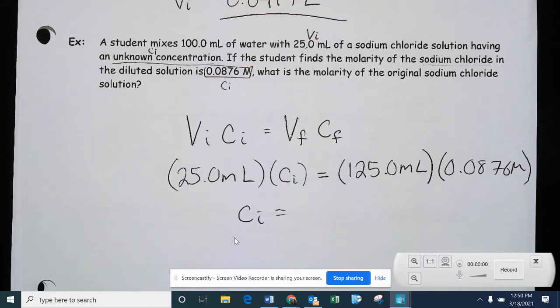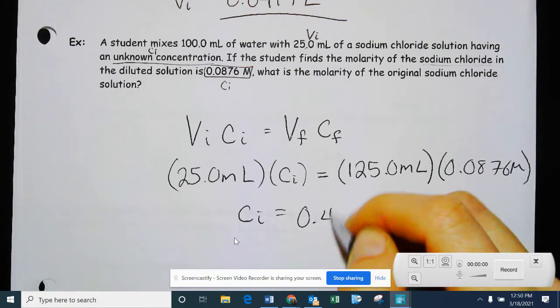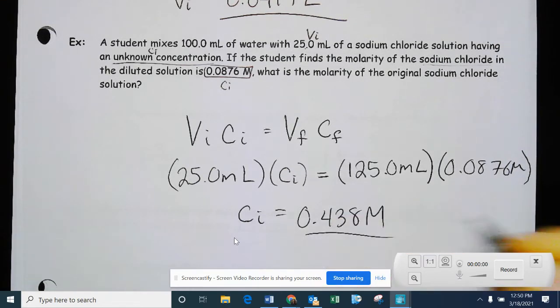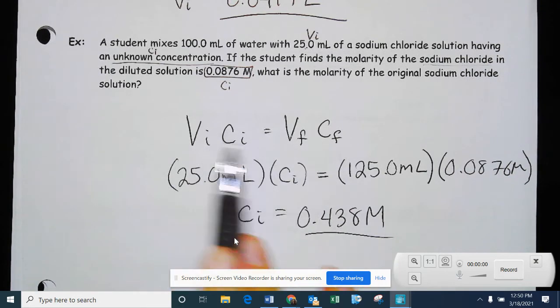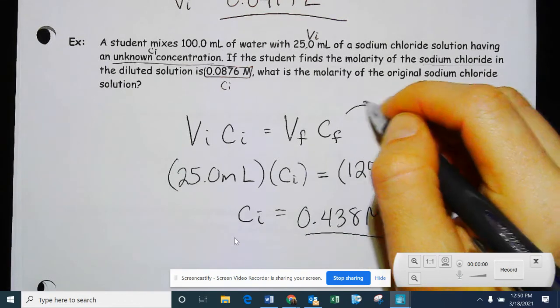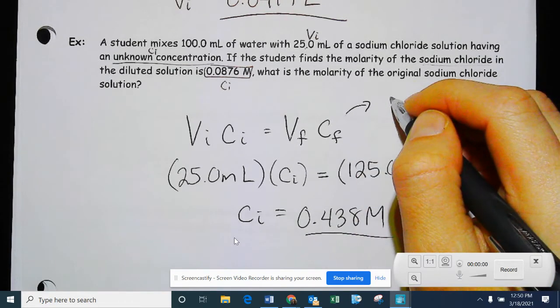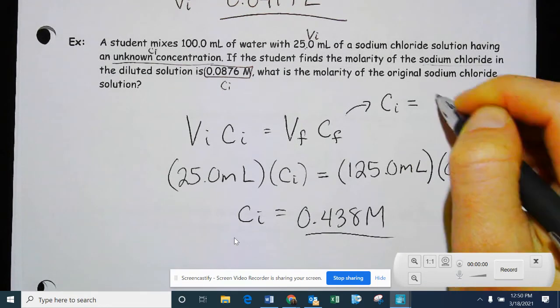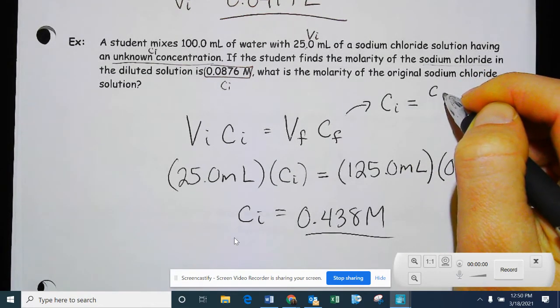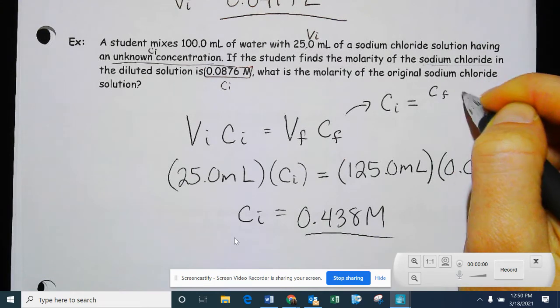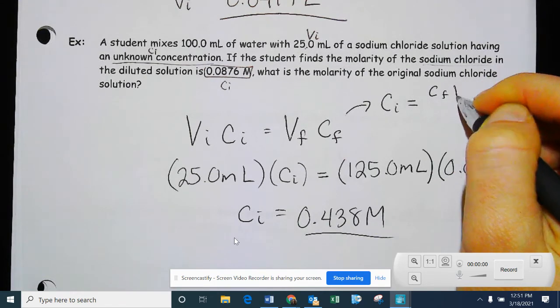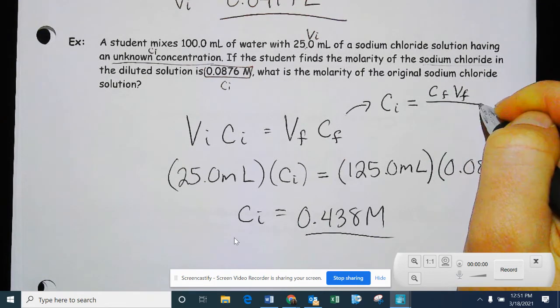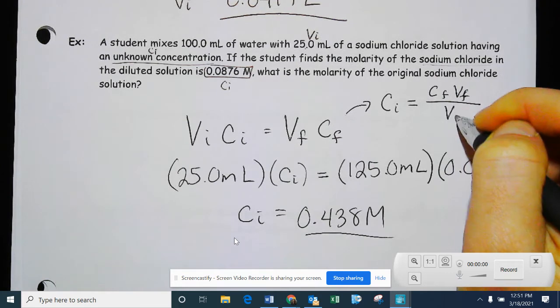Did we get 0.438? Good. Okay, if you are somebody who likes to rearrange equations instead of just plugging numbers in and solving for values, you could rearrange this to be concentration initial equals concentration final, volume final over volume initial.